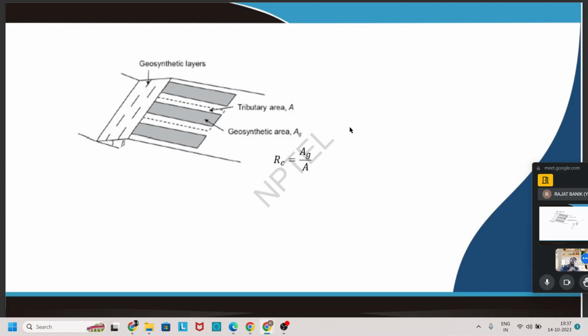One is the tributary area, which is without geosynthetic, that means the area which is not covered by geosynthetic material. Another one is the geosynthetic area, which is covered by the geosynthetic material. And RC is the coverage ratio, which is the ratio between the geosynthetic area and the tributary area.